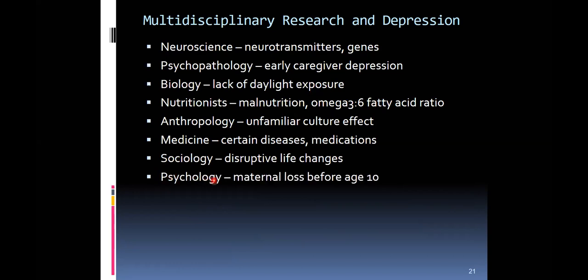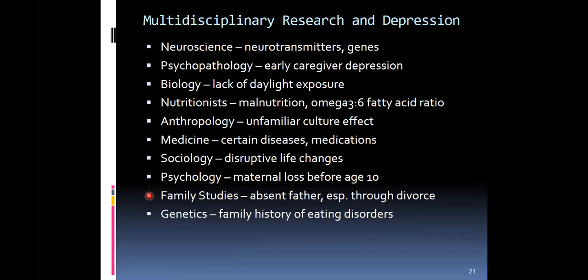Psychologists have noted that if the person loses their mother before age 10, their risk of depression is greater as well. And from family studies, we have learned that people whose father was absent through childhood are more likely to become depressed as they get into adulthood, especially if that father was separated from them through divorce.